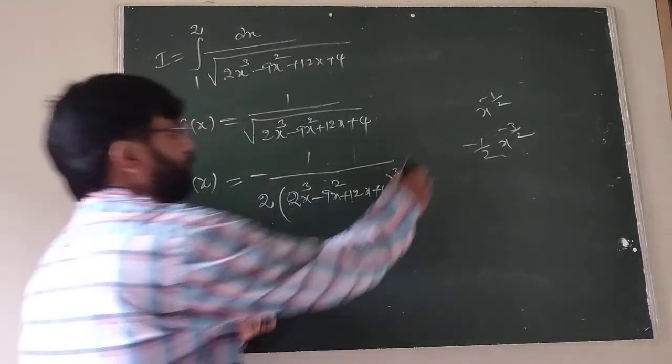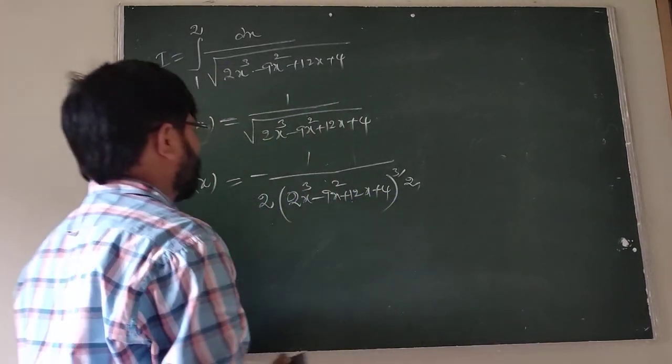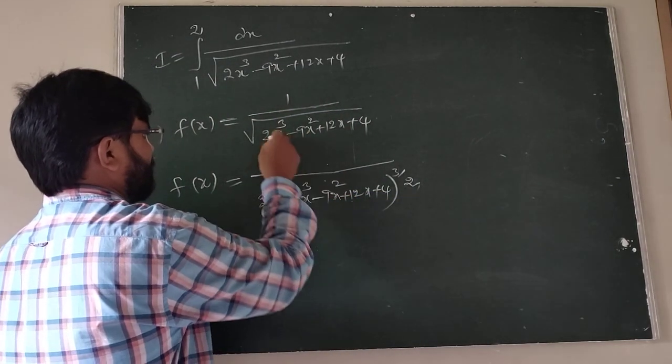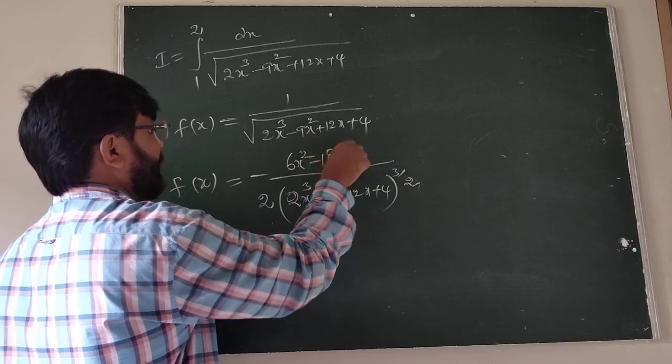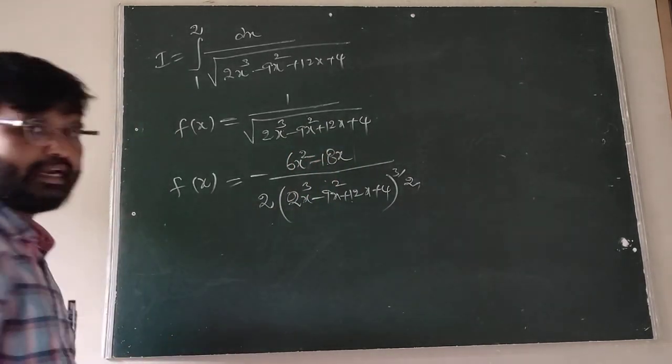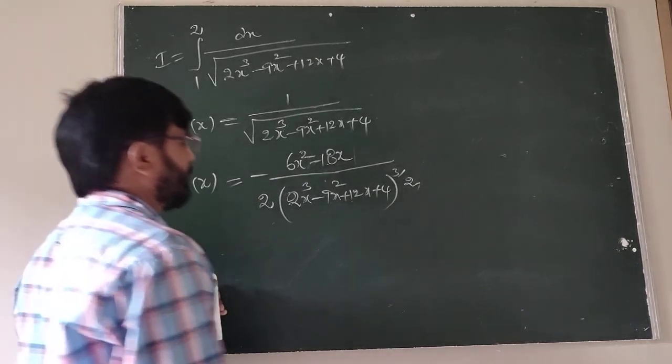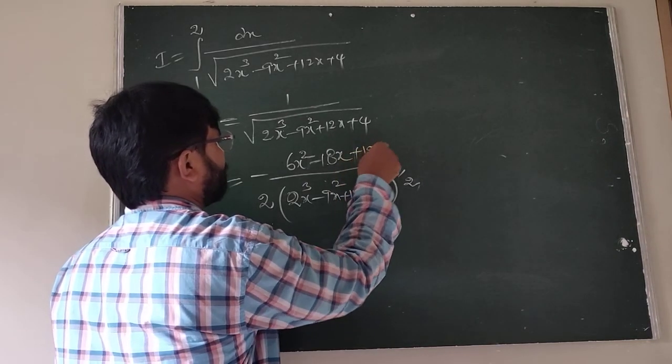Then we also find the derivative of the inner part, which is 6x square minus 18x plus 12.